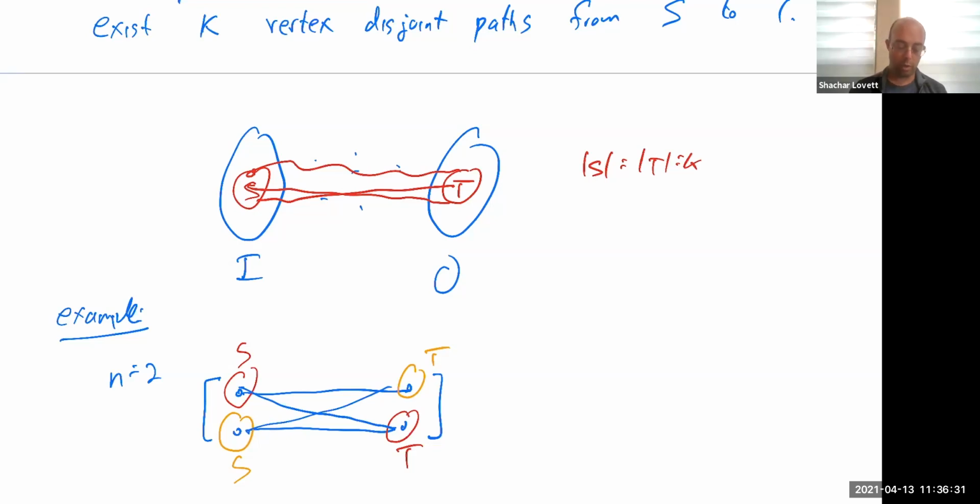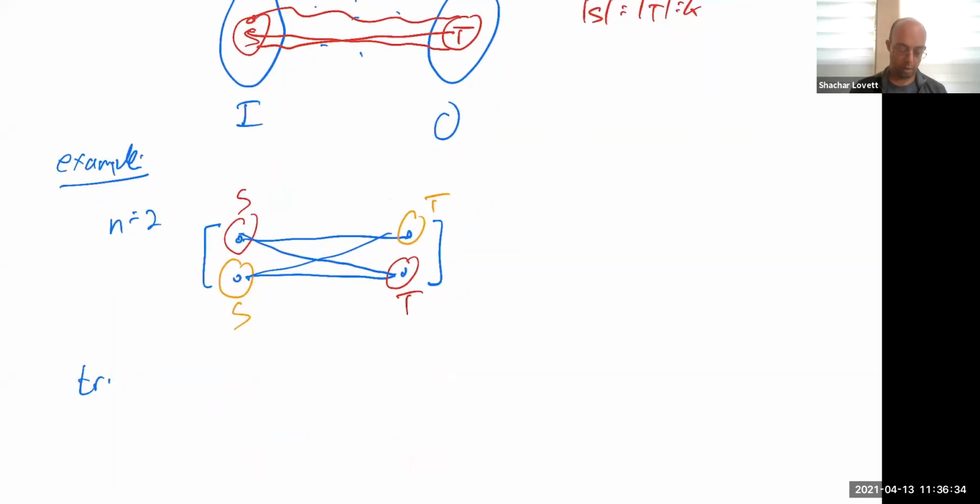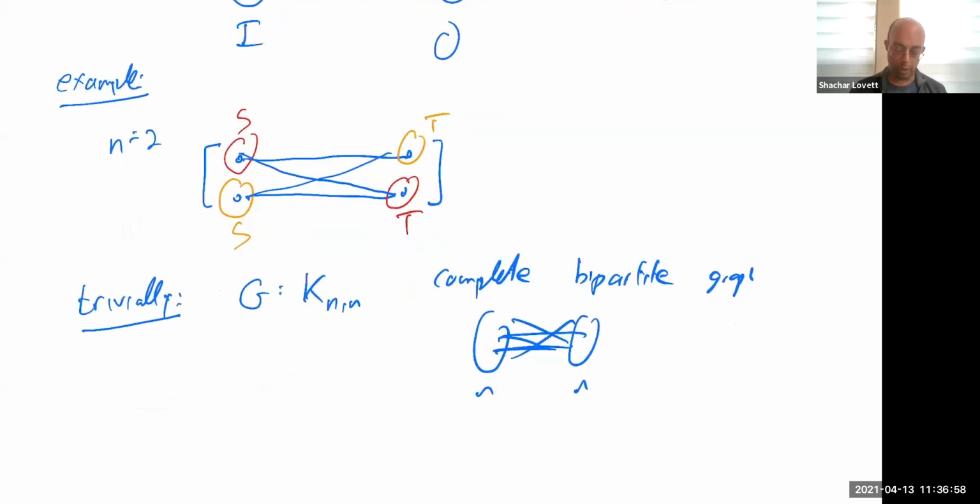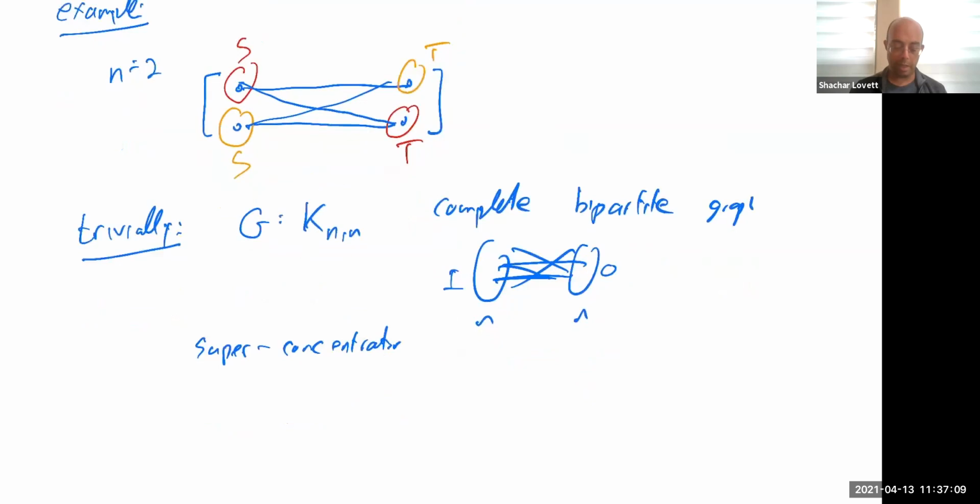So trivially, if G is what's called K_{n,n}, a complete bipartite graph, because I have n nodes here and all the possible edges between them, and if I call this I and this O, then this is a super concentrator. But the problem is that it has n squared edges.